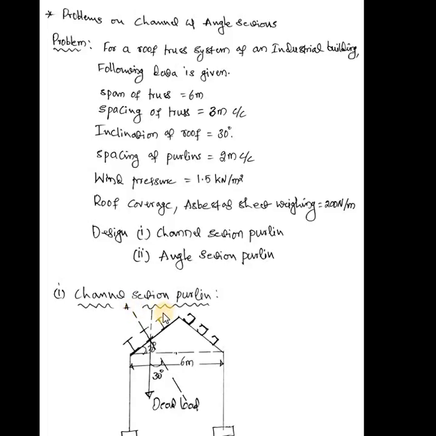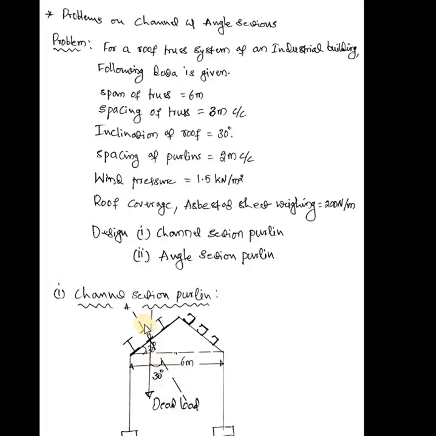Just see, this is the top chord, this is the inclination. Above the top chord there is a purlin. On these purlins, gravity load will act in the downward direction, but this is the UU axis, this is the VV axis. Because this is our beam cross section here. Along the horizontal XX axis we will consider UU, along the YY axis we will consider VV.